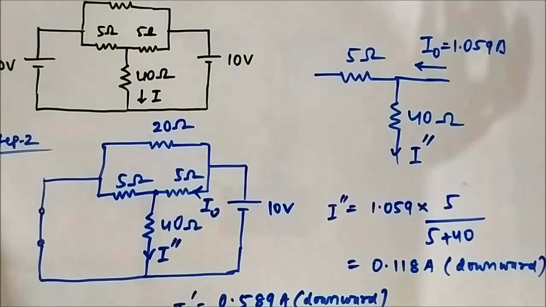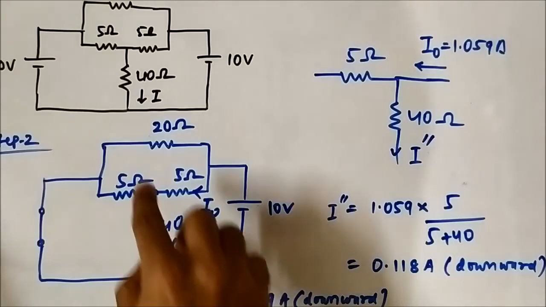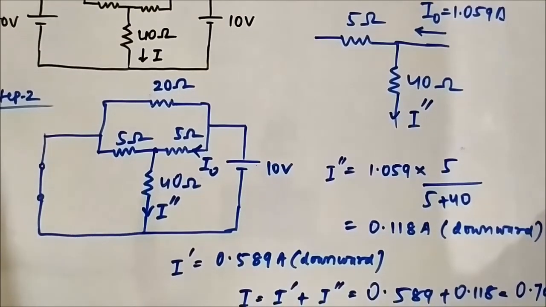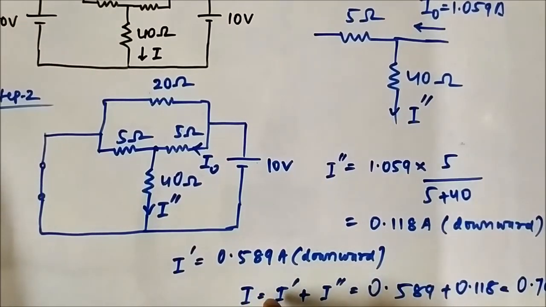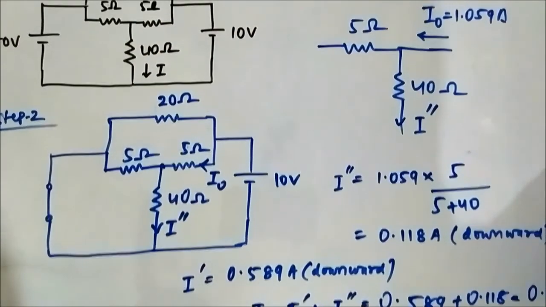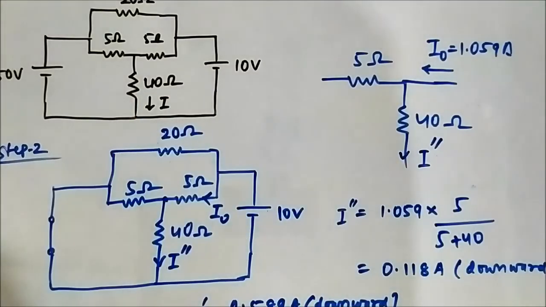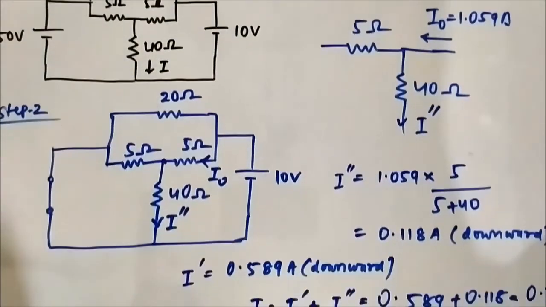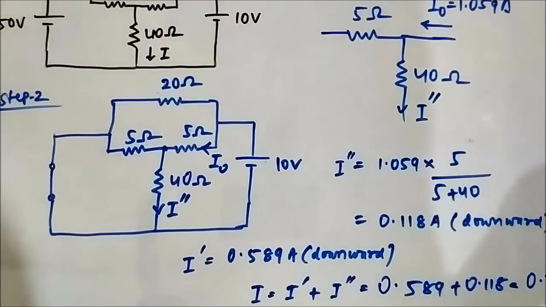Now let us say both I dash and I double dash would have been in the upward direction, then it would have been minus I is equal to minus I dash minus I double dash, because they are both opposite to the direction which is being asked in the question, which is downward. So you get the point. The summation should always be done with respect to the original direction of the current which is there in the question, or in case of voltage, the voltage polarity which is there in the question.